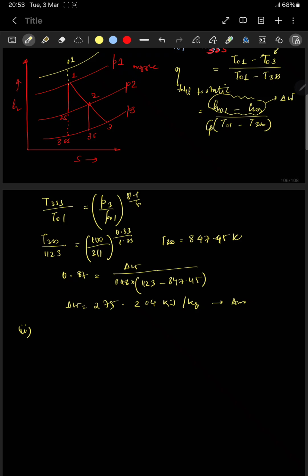The second question is Mach number leaving the nozzle at 2.